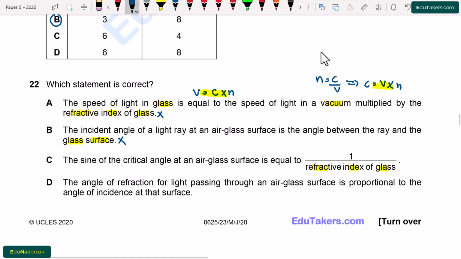Here it is given that n is equal to 1 over sin C, where C is the critical angle, or we can write sin C is equal to 1 over n. So this option is correct. Option D. The angle of refraction for light passing through an air-glass surface is proportional to the angle of incidence at that surface. So this is also incorrect. Only option C is correct from here.